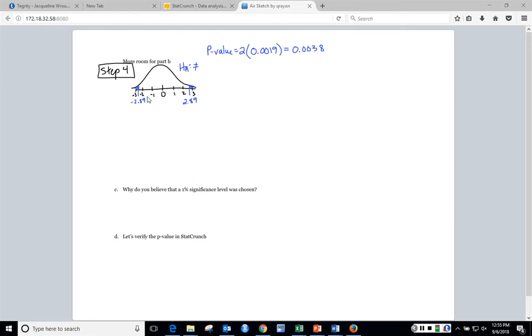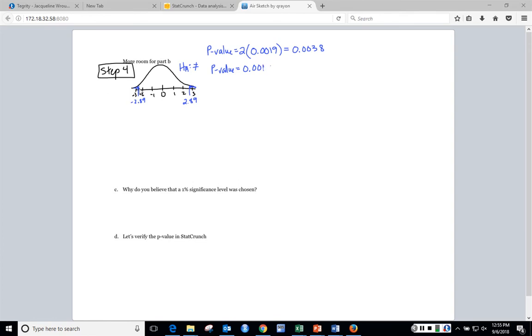The other way to do it is just to find the two separate pieces, and then you can add them together. So if I sort of pretend that this part isn't here and just focus on this piece, it's shaded left, so I can go straight to the table to look up that piece. And so for that piece, just as what I did above, we'll get 0.0019.